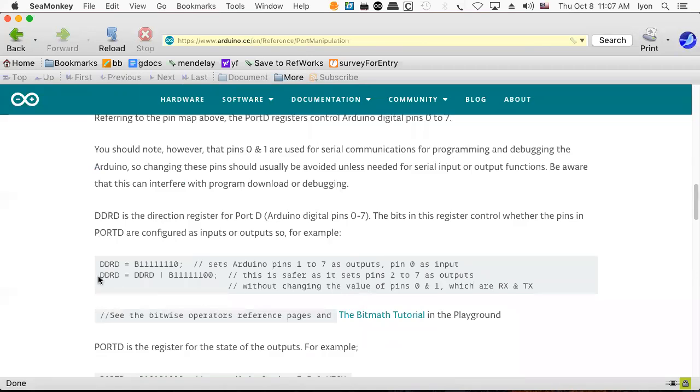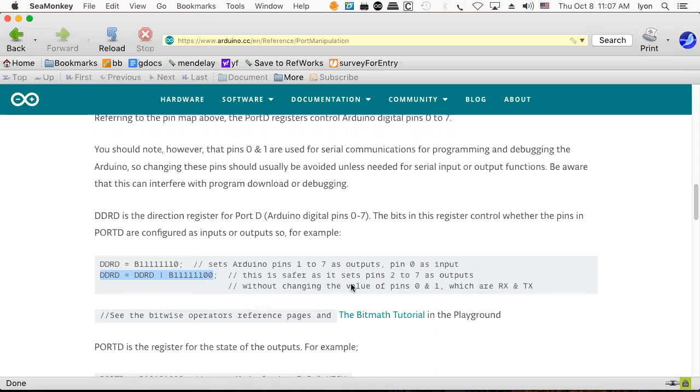So here he sets the data direction register without manipulating the least significant 2 bits, because those are supposed to be allocated to transmit and receive. And if you do that, sometimes nasty things happen.